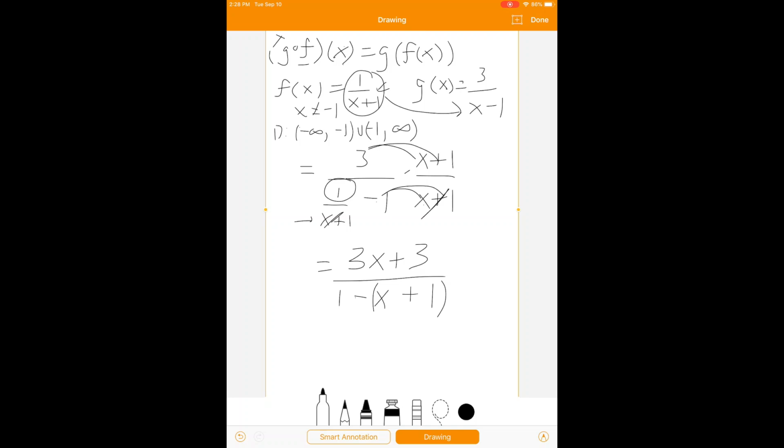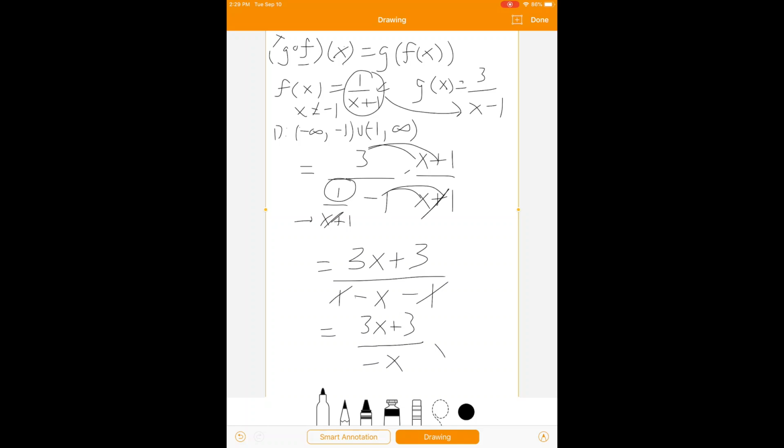So this becomes 1 minus x minus 1. The 1's cancel. We have 3x plus 3 over a negative x.